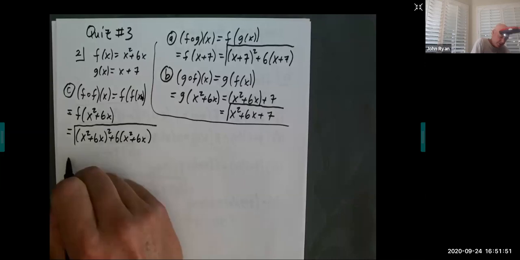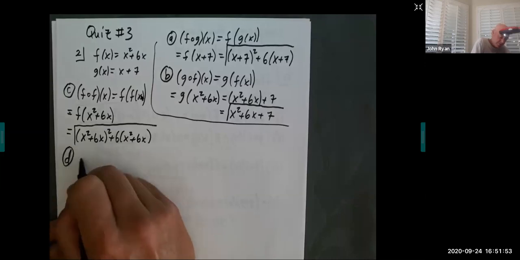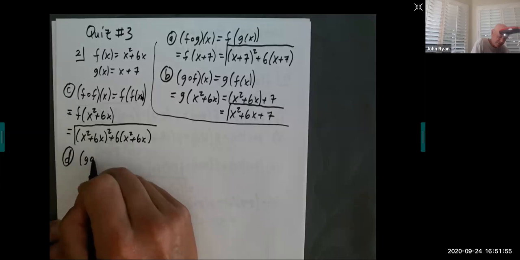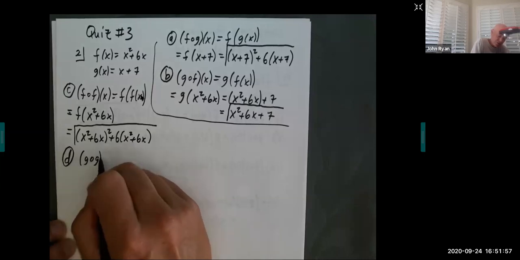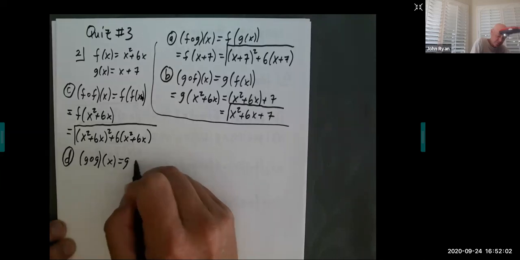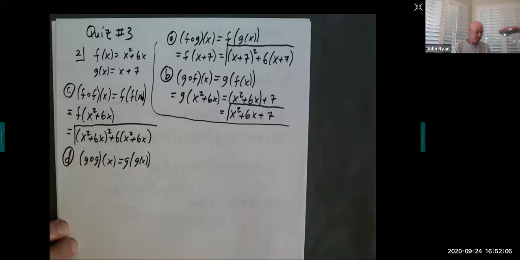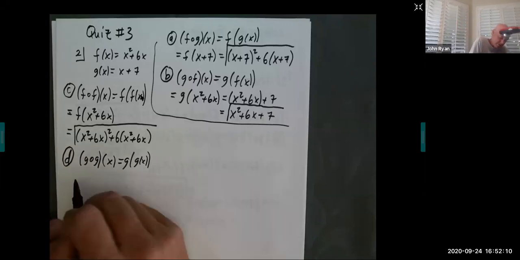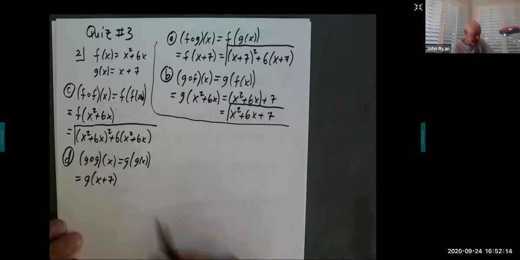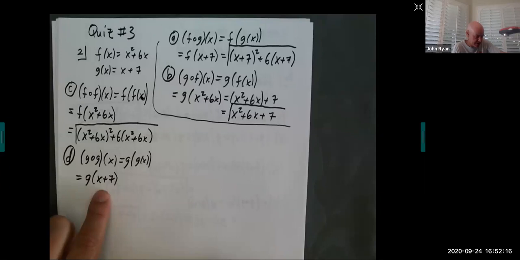Part D. This is going to be the simplest one. I'm going to composite g with itself. So I'm going to be taking that and replacing that.